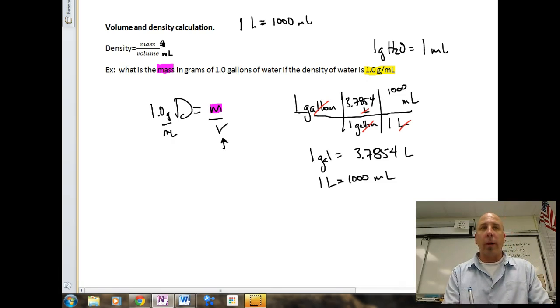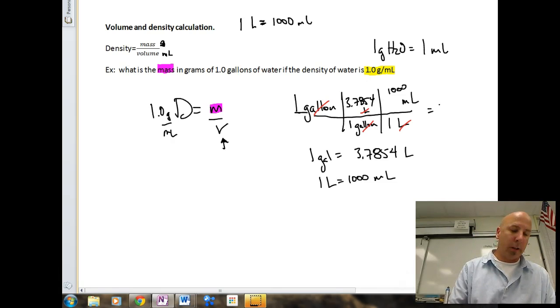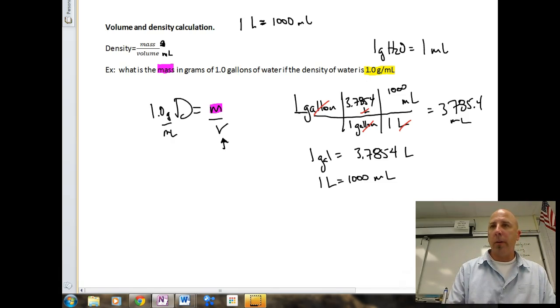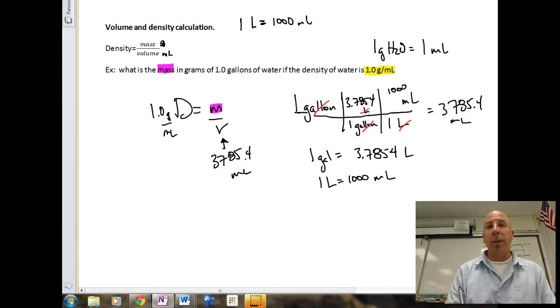So let's run that through our calculator here real quick. And I get 3785.4 milliliters as our unit. I'm not going to round yet until I get to the very end. And so let's go ahead and plug this in over here. We're going to plug that in as 3785.4 milliliters, and we're going to solve it for mass by multiplying both sides by this value.